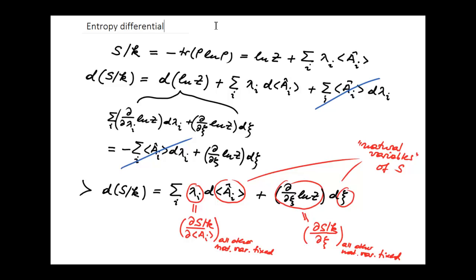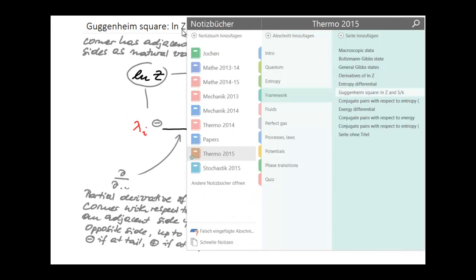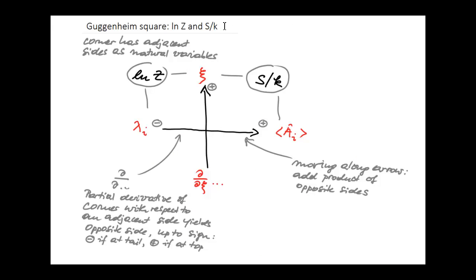So these two partial derivatives with respect to psi give the same result. The difference is that in one case you keep the lambdas fixed, in the other case you keep the a's fixed. And this information too is encoded in this Guggenheim square.